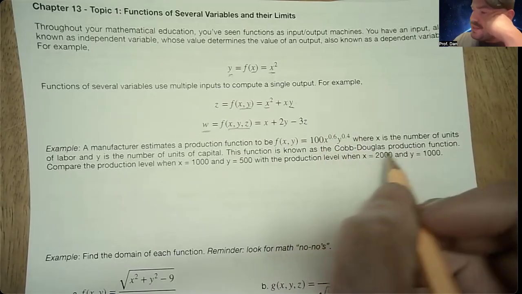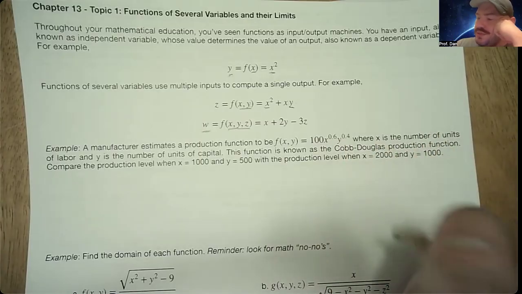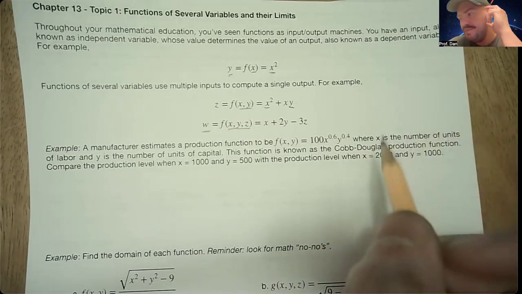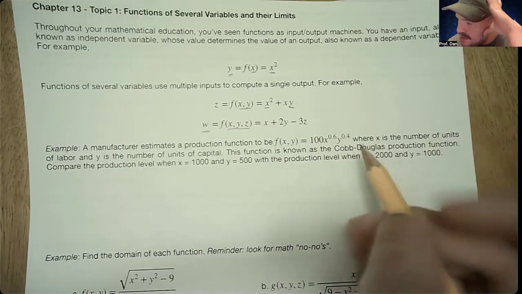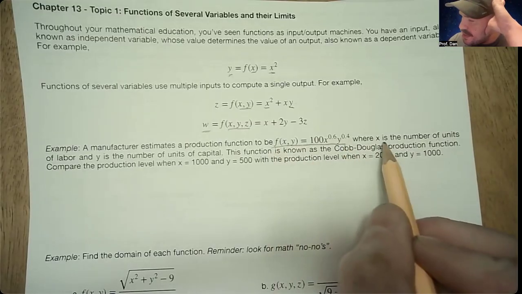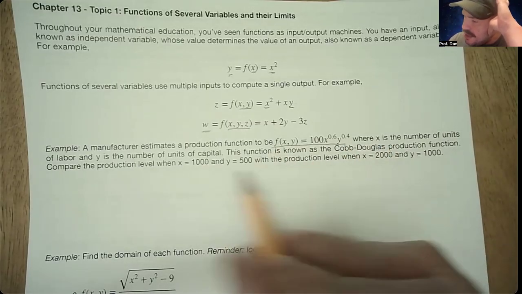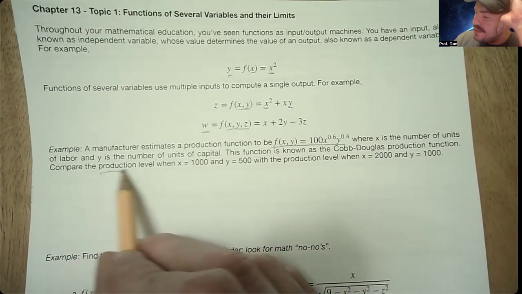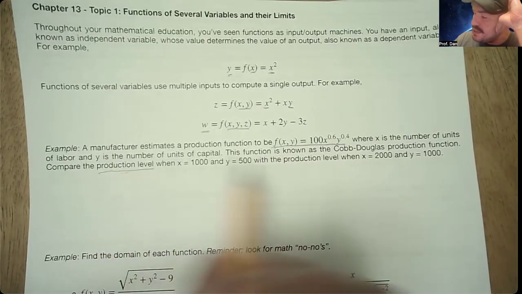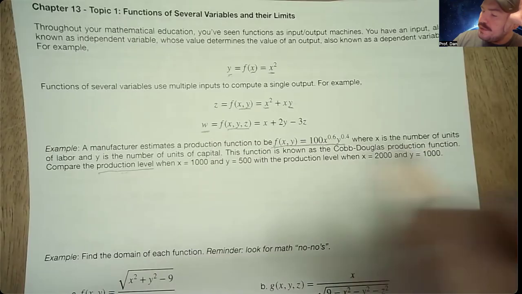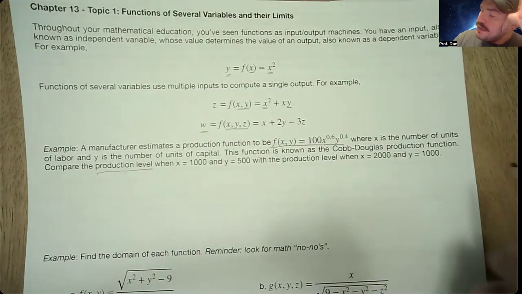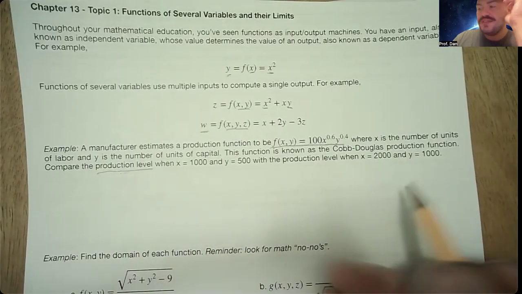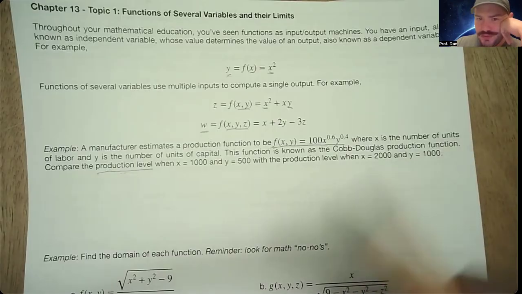This function determines the production or output of a company based on a couple of inputs. We're given this function, it tells us what x and y are, and then it wants us to compare the production level. That's our dependent variable because it depends on the number of units of labor and the number of units of capital. We want to compare the dependent variable for different sets of values for the independent variables.